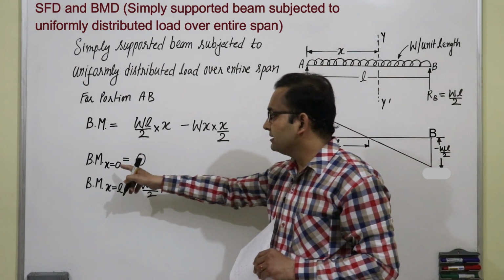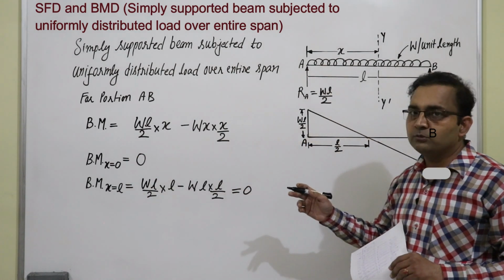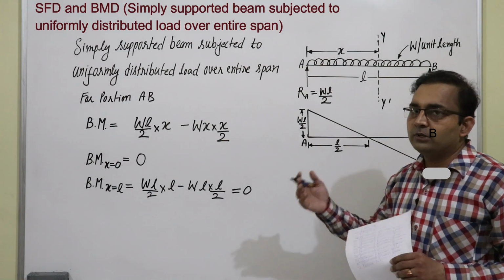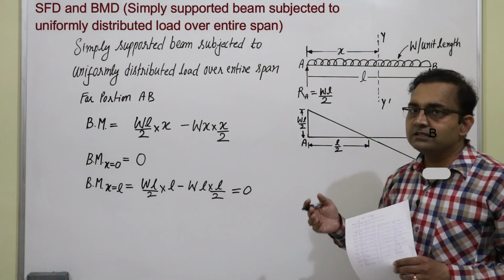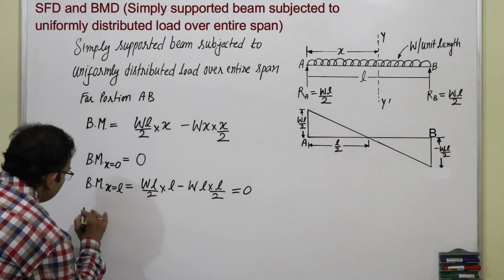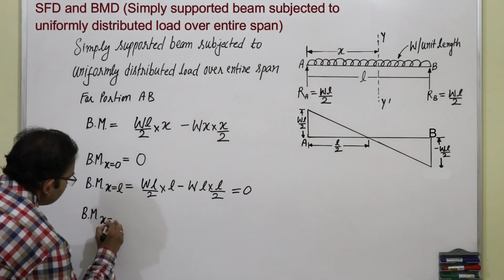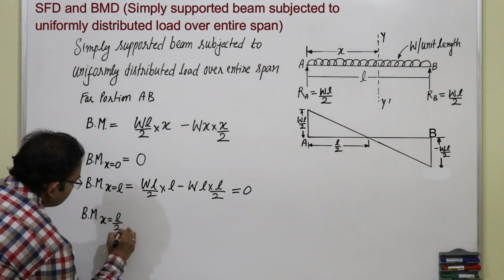We will find out one value of bending moment at x equal to L by 2, where shear force is 0. Bending moment at x equal to L by 2.